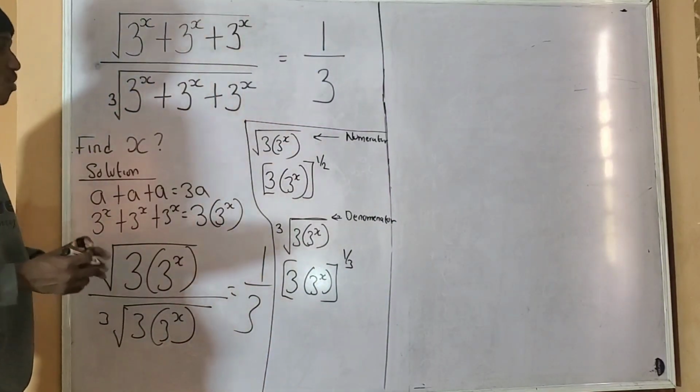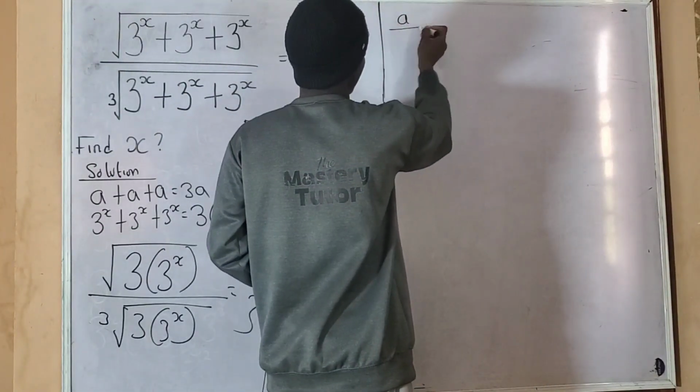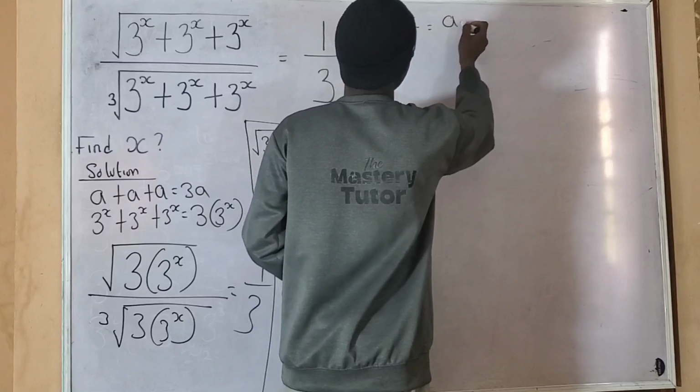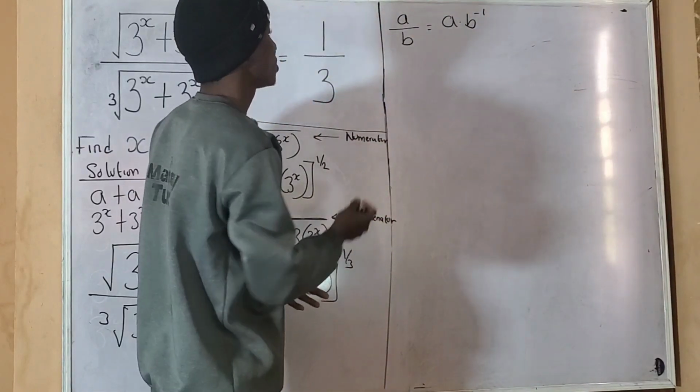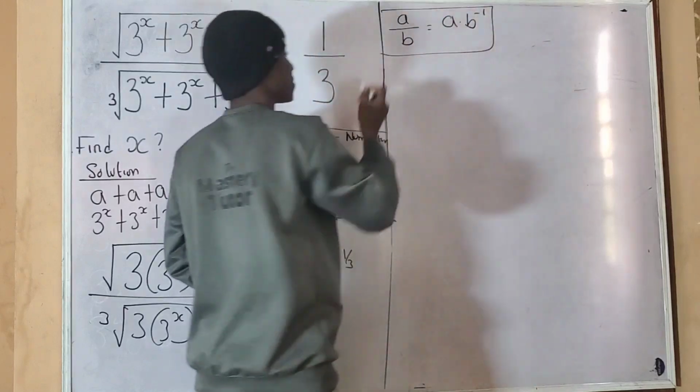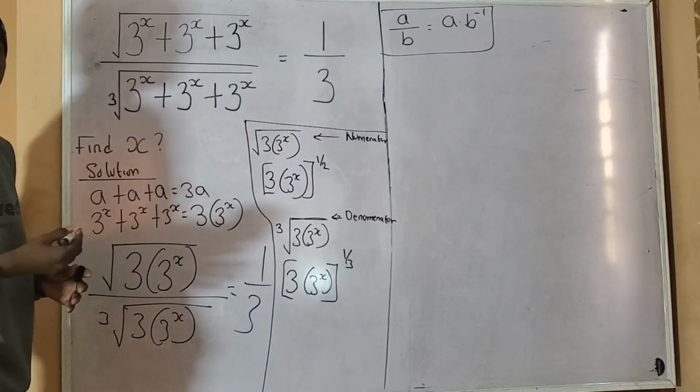Okay. According to the law of indices, if you have a over b, this can be written as a multiplied by b raised to the power of -1. Is that not it? So I'm going to apply this law to the left-hand side of the equation. Do you understand?